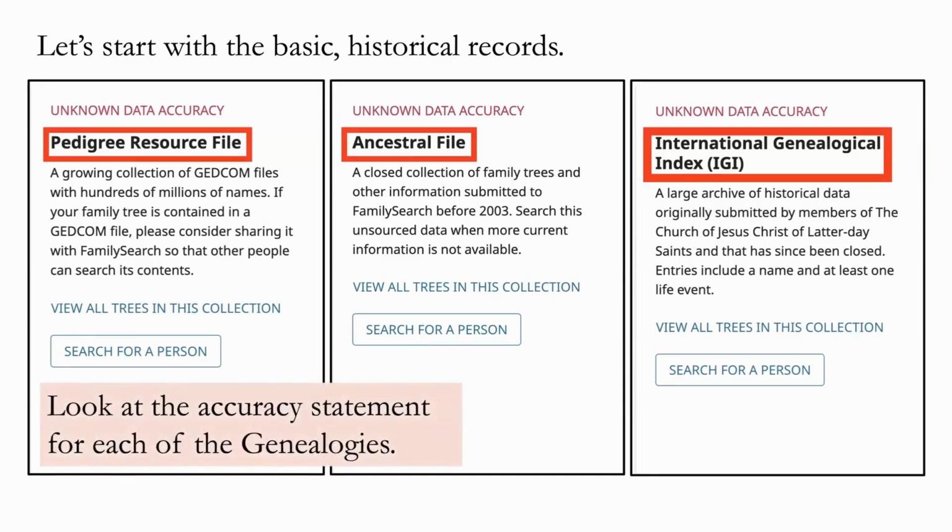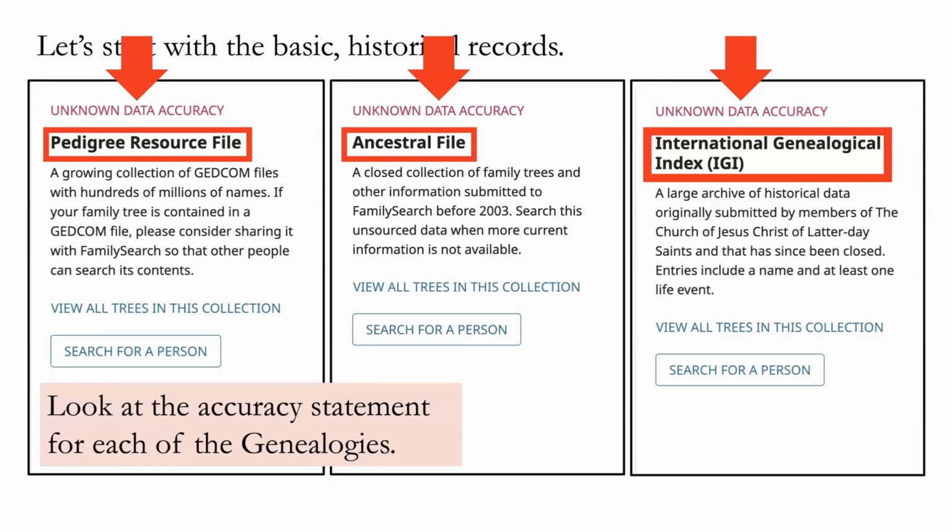Okay, so look up at the top here at these accuracy statements, and I mentioned that earlier. The accuracy of the data is not known. That does not mean that it's totally not useful. It just means that it's not known. But from the standpoint of its usefulness for these three files, from the standpoint of the FamilySearch family tree, it's very unlikely there will be information in the IGI or the ancestral file that isn't already in the tree.